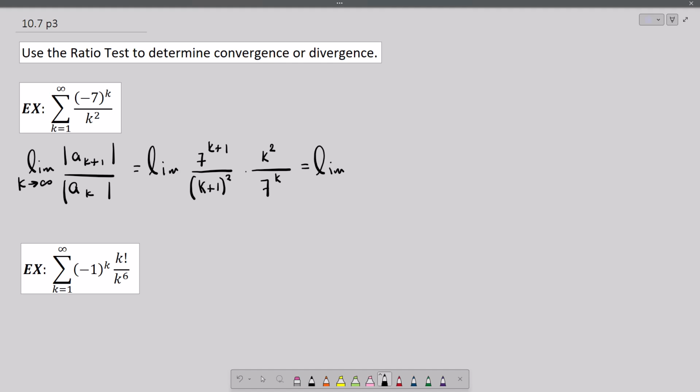And then, just like the last one, we compare these exponentials here. We have 1 extra 7 up top. These powers of k match. So we're going to have k over k plus 1 quantity squared. Now we can evaluate this limit. That limit is 1. So this overall limit is 7.